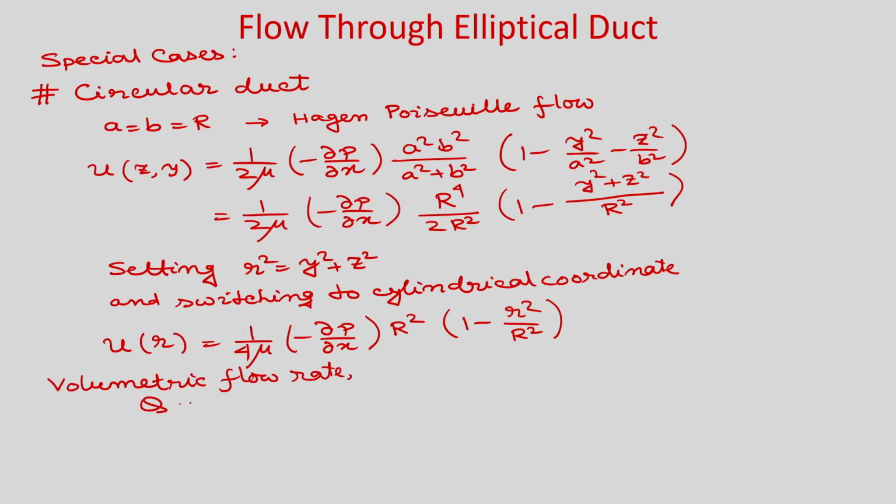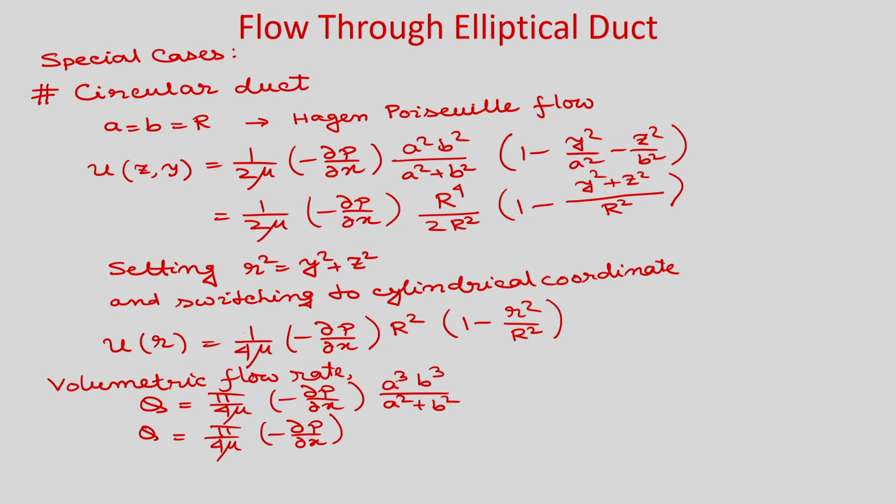so we have q is equal to pi by 4 mu minus del p by del x a cube b cube by a square plus b square. So, if you put a b as r, then you can write q is equal to pi by 4 mu minus del p by del x.